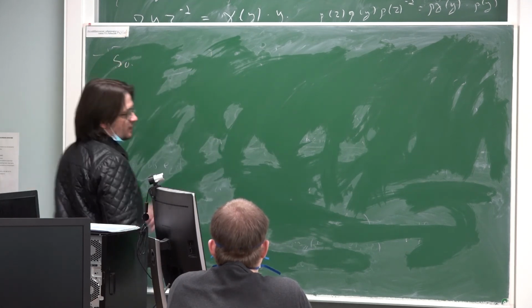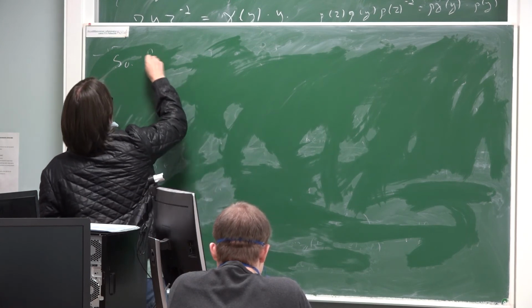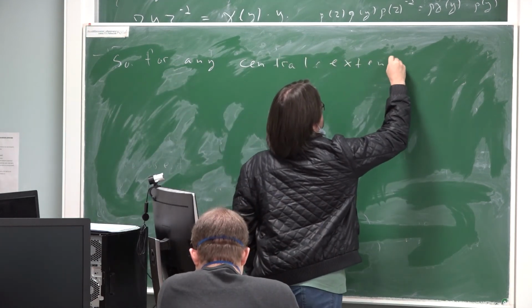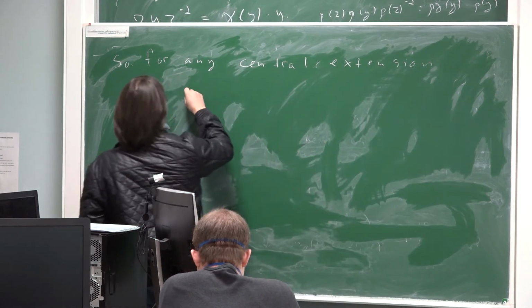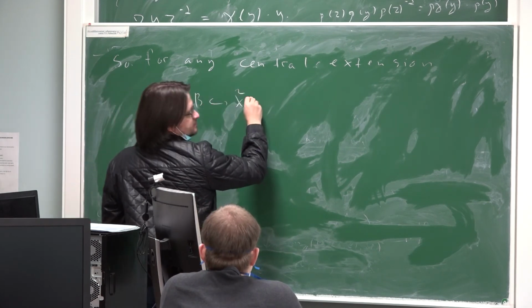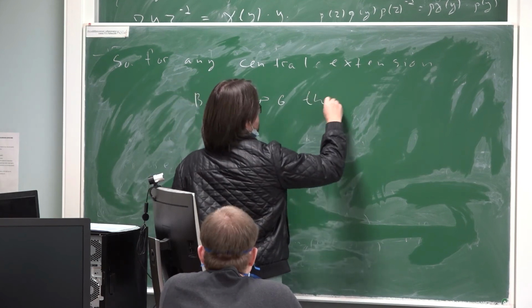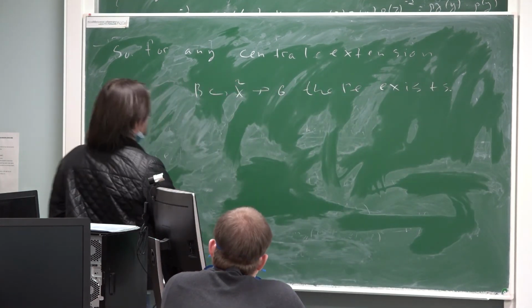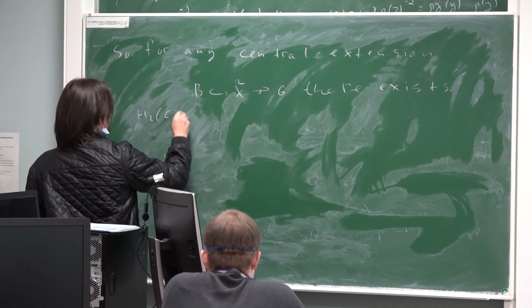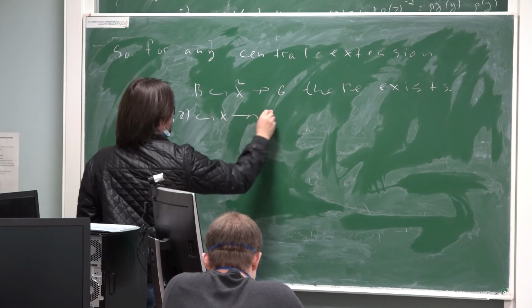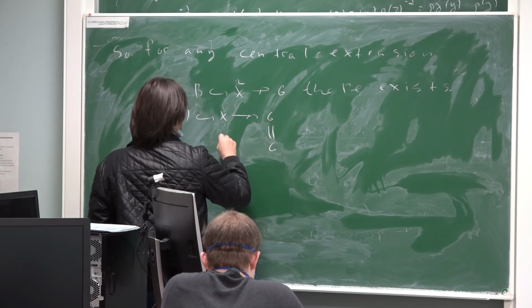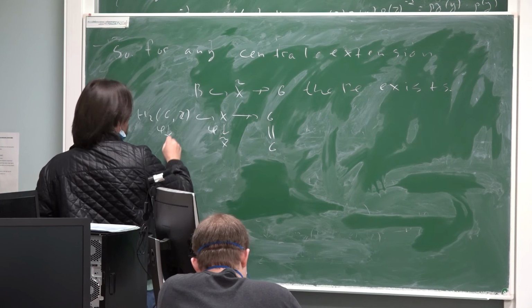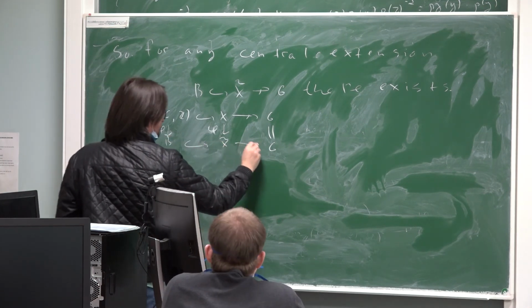So for any central extension B, X, tilde G, there exists a map from here to here.